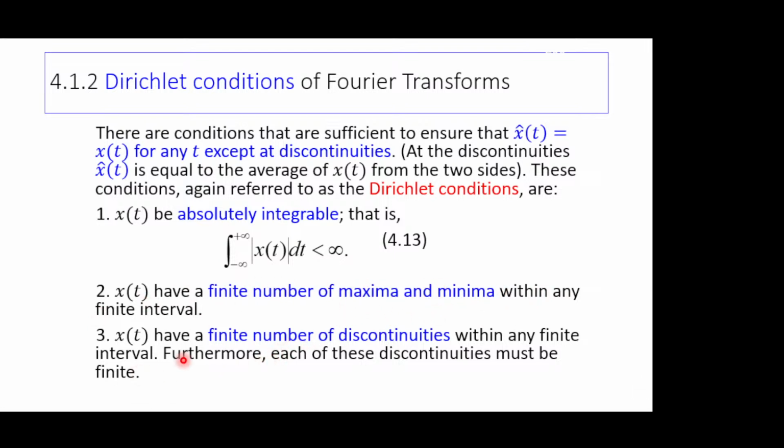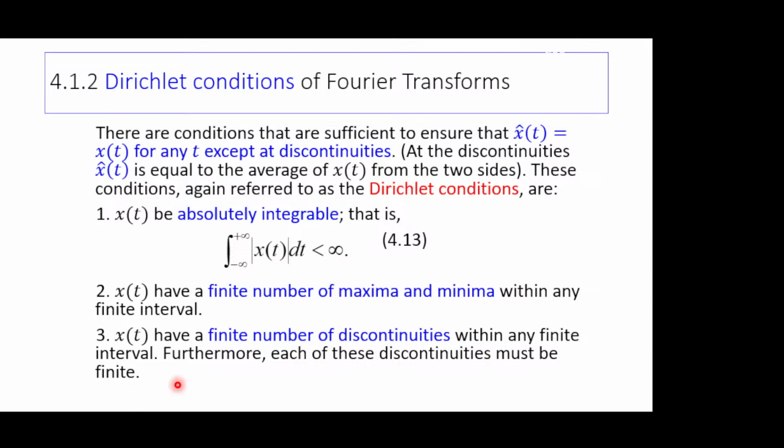And similarly for discontinuity. So in any finite interval, the number of discontinuities needs to be finite, and also the amount of discontinuity is finite.